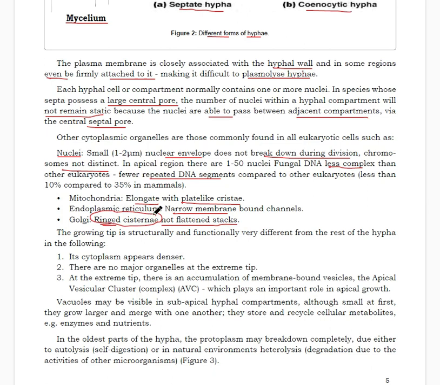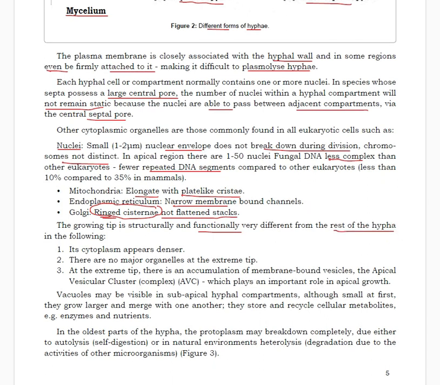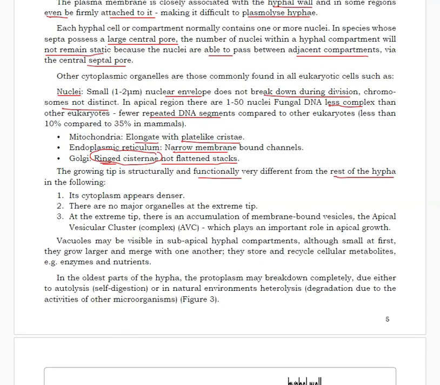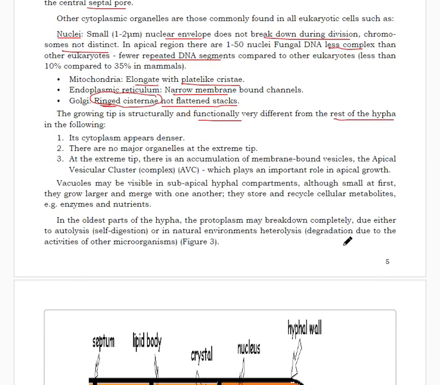Okay, so the growing tip is structurally and functionally very different from the rest of the hypha. Its cytoplasm appears denser, as we have studied about meristematic tissues while reading the cell division of the stem or the root.